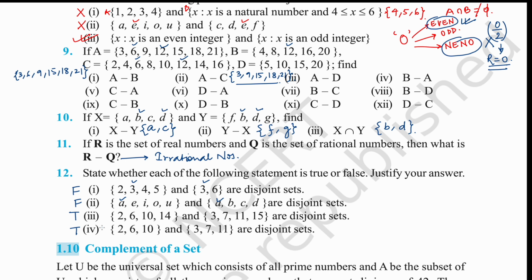Let's see how it goes. But hopefully, you are getting an idea of how exactly sets are to be understood and how to solve questions related to sets, right? As I said, this gives you a broader perspective of understanding a collection of objects in a better way. So it is going to be very essential.